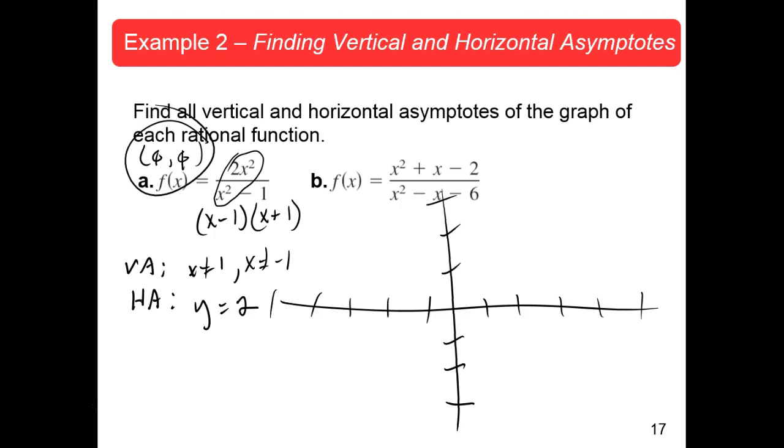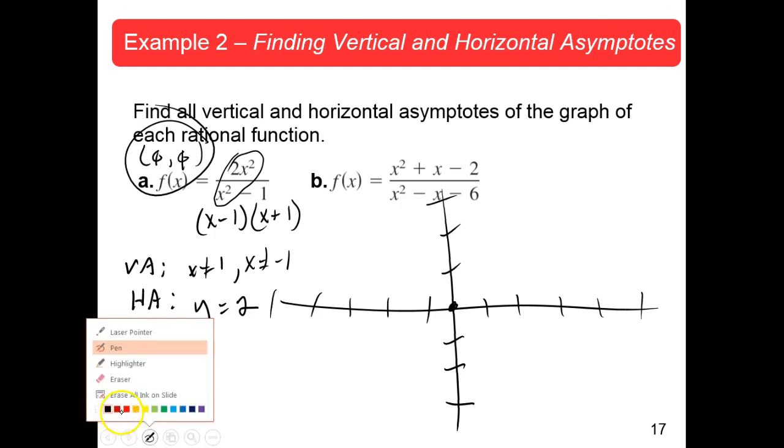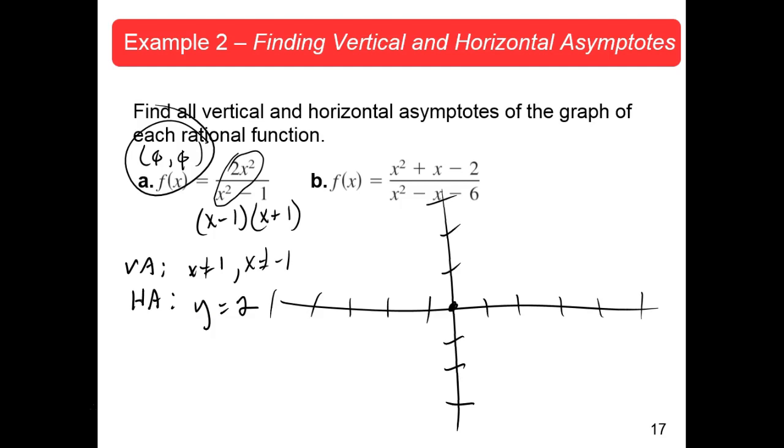So, let's identify. We know that (0, 0) is a point on the graph. We landed on that suddenly. Whole graph, we got one point. But we also know the vertical asymptotes, and since those are asymptotes, I'm going to put them in red: x can't be positive 1, this vertical line through positive 1, and x can't be negative 1.